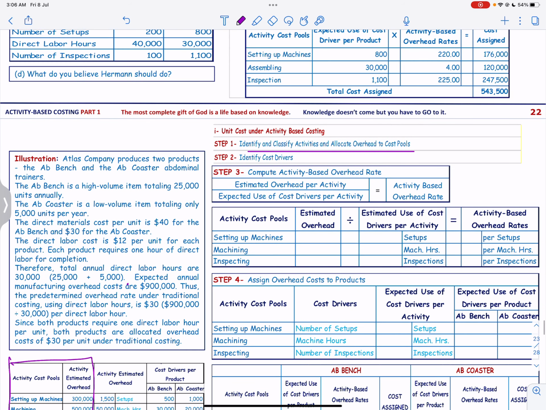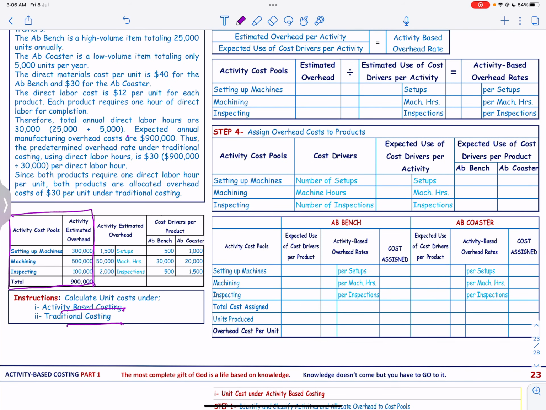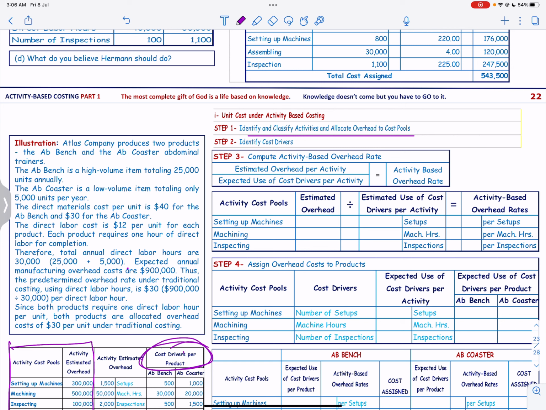Then they say identify cost drivers, and the cost drivers are given to us as well. These are our cost drivers, and that is how they have been allocated. And then we compute the activity based overhead rate, and that is estimated overhead per activity divided by expected use of cost drivers per activity. That will give us the activity based overhead rate.